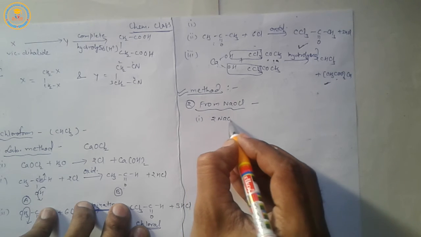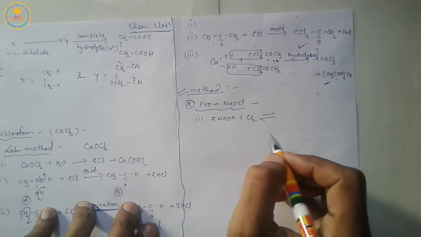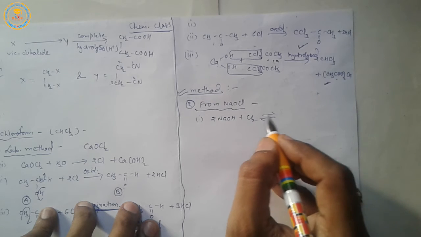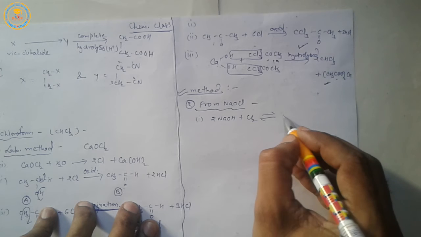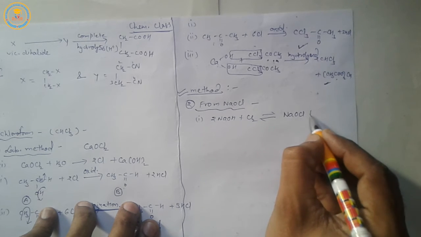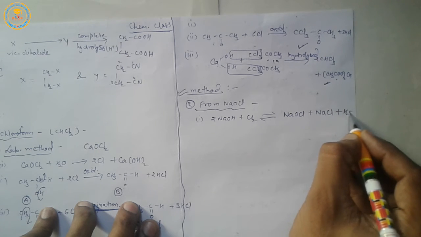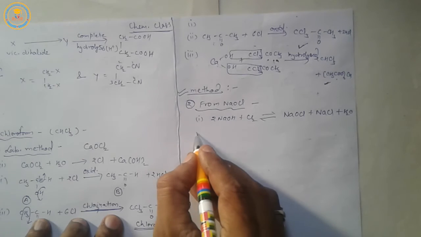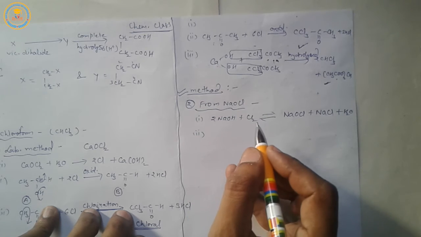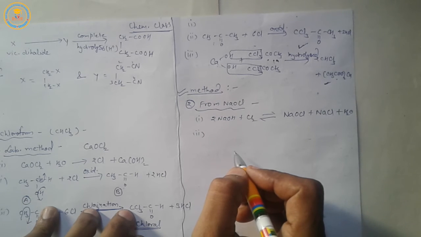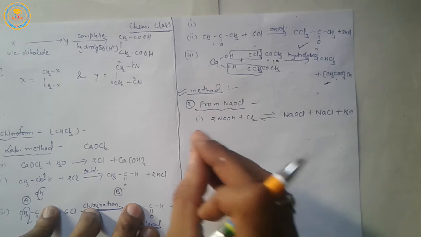In the second step, NaOCl reacts with an A-type structure compound, then after oxidation a B-type structure compound is formed.